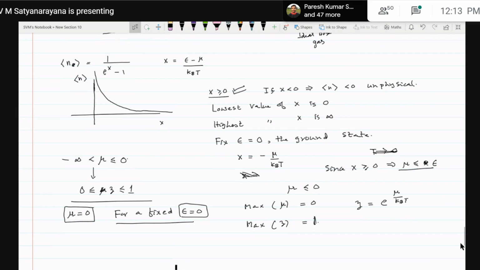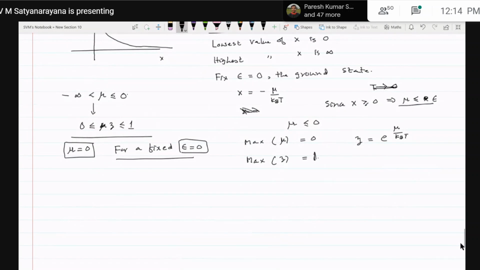Another way to look at it is the following. Let us say that average n0 is the average number of particles in the ground state, in epsilon equal to 0.